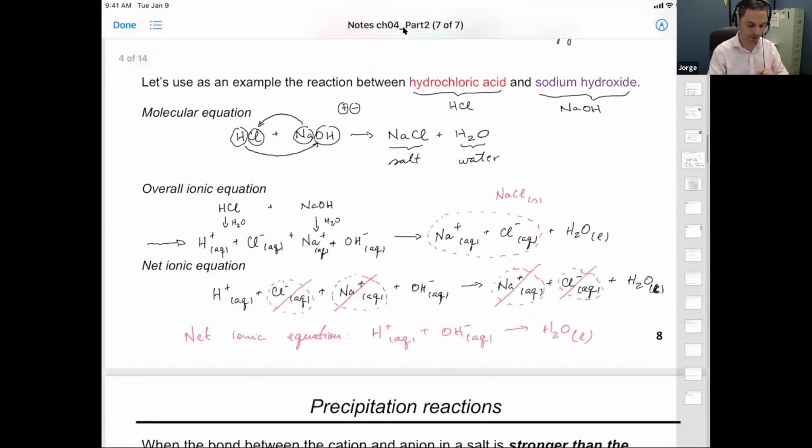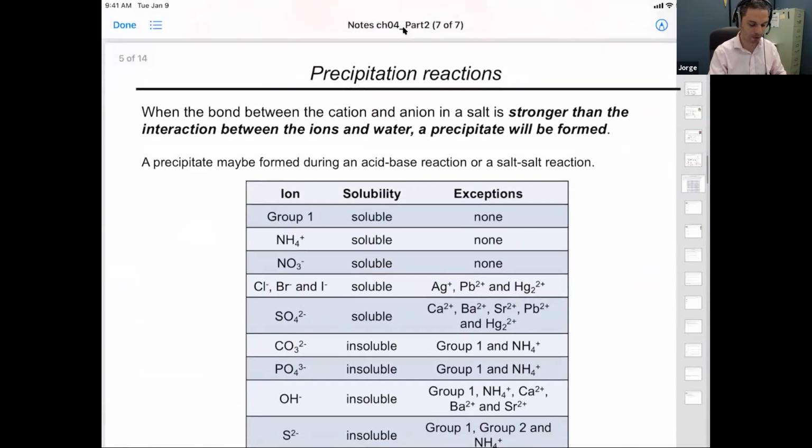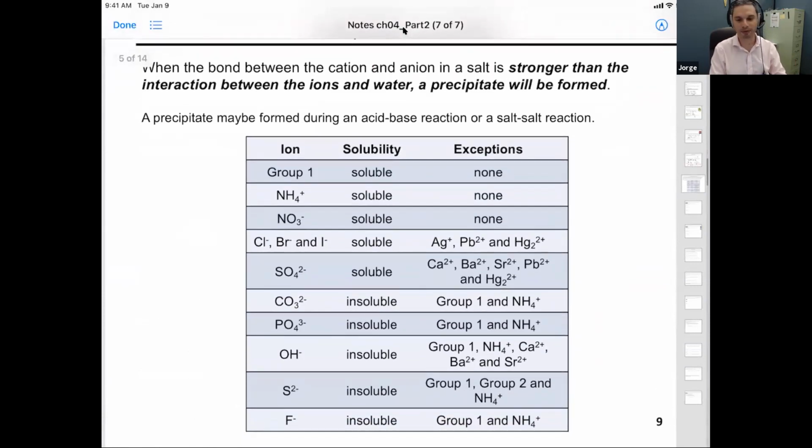To know if a precipitate is formed or not, we have here a solubility table. And remember, a solid will always be formed when the interaction between cation and anion is stronger than the interaction between ions and water.